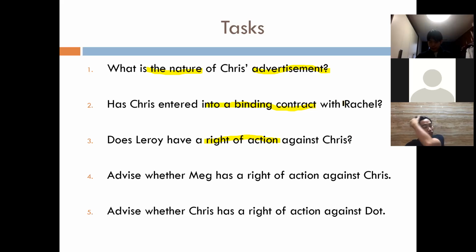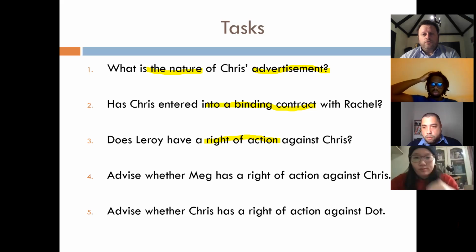Too long. Jody, what could it be if it's not an offer? Voidable contract. Invitation to treat. Oh. All advertisements are either offers or invitations to treat.